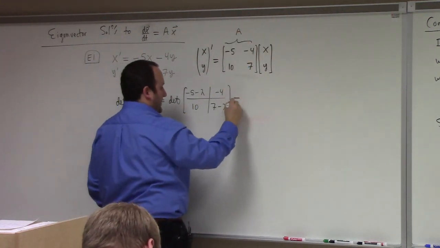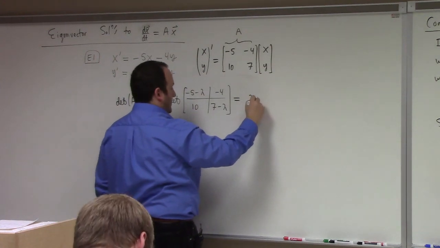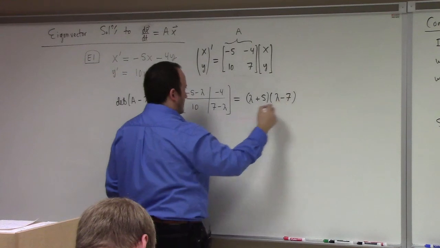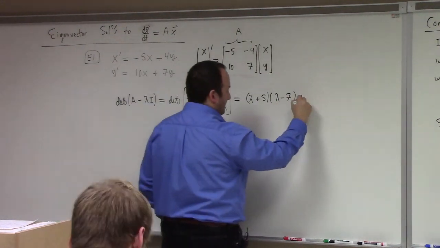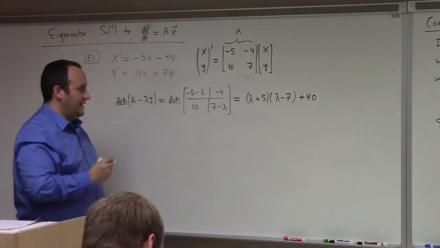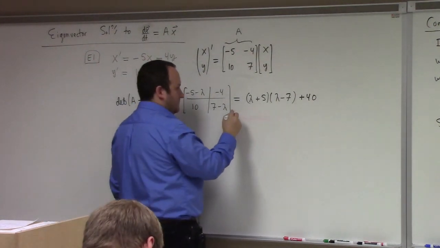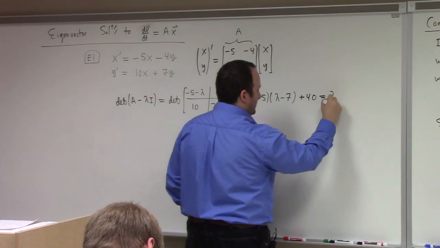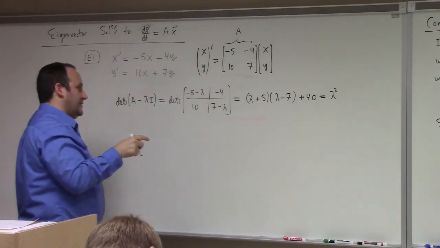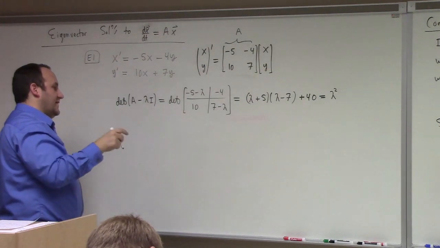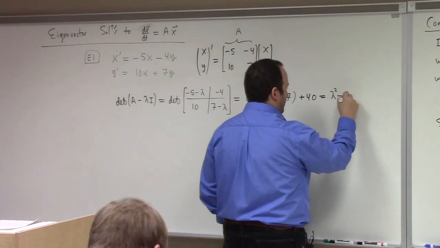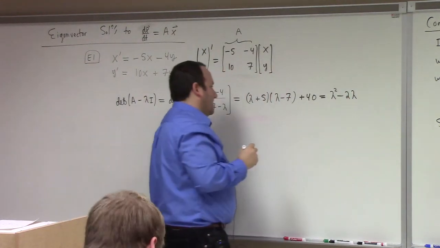So that gives me what? That gives me lambda plus 5 times lambda minus 7 plus 40, aka lambda squared, I got a plus 5 minus 7, which is minus 2. Yeah, plus 5.